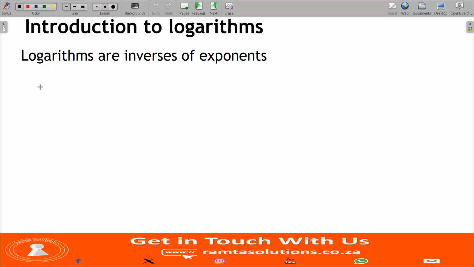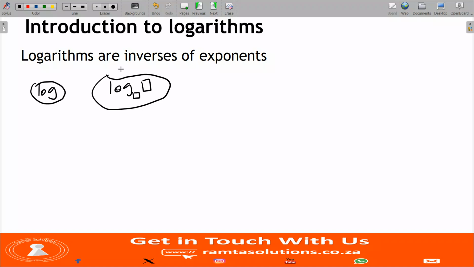Your calculator has this key here, and then it also has this key. Whether you are using Casio or Sharp, or any other brand of calculator, all of them have this function. They may look different, but all of them have this function.